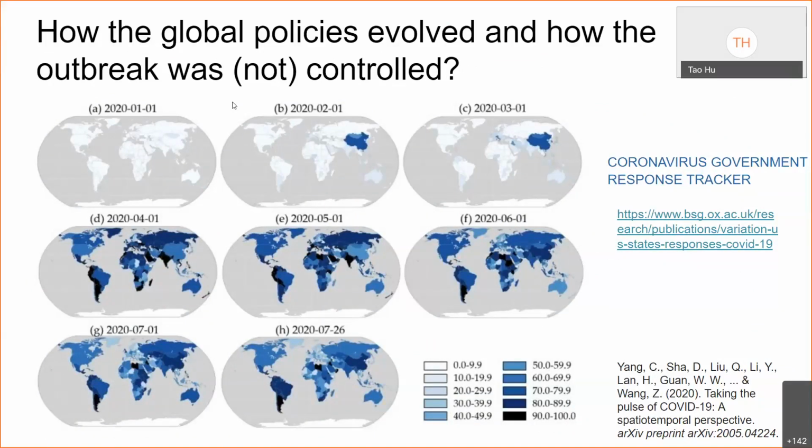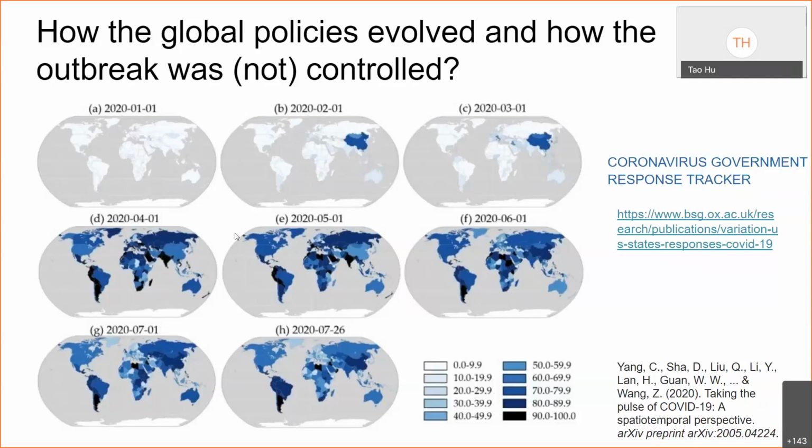Oxford University collected all this policy data from all over the world, and we created these spatial temporal maps to understand the policy stringency changes over time during the pandemic. The darker the color, the higher the stringency index.